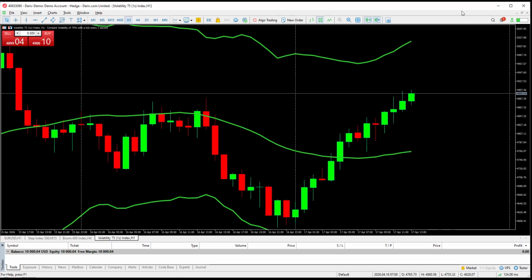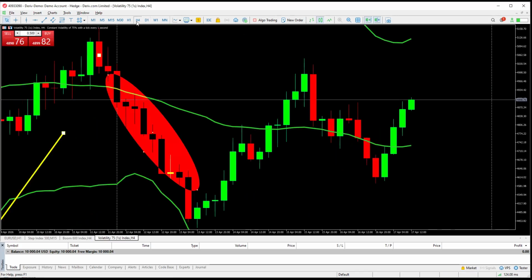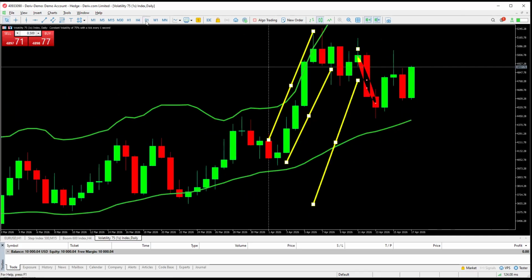If we put on H4, it means one candlestick took 4 hours to complete before going to the next, even the small one. The same applies when you go to D1. D1 means 1 day. This candlestick is going to take 1 day, 24 hours, to complete. So this is how time frame works.